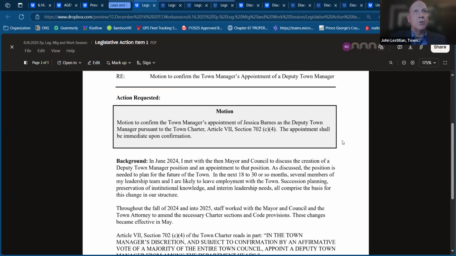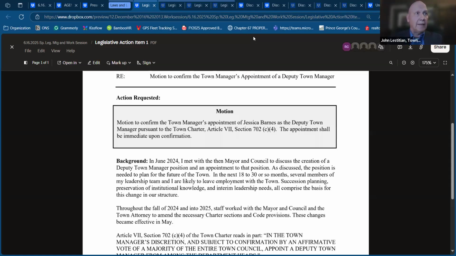Yes. So this is something that I've talked with the previous administration about. Many of the same members are in the current administration a year ago. And over the course of the second half of 24 and the first half of 25, I worked with the mayor and council and the town attorney on the requisite changes to the charter and the code.